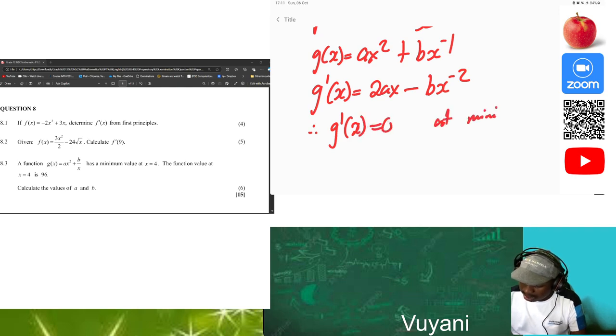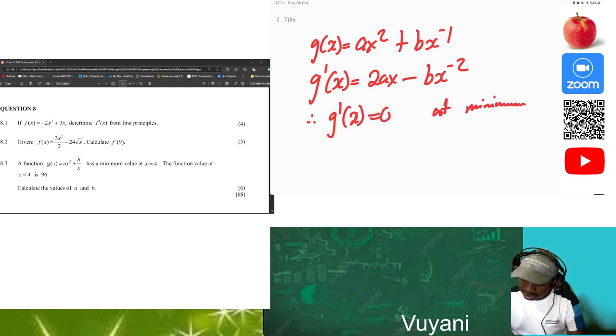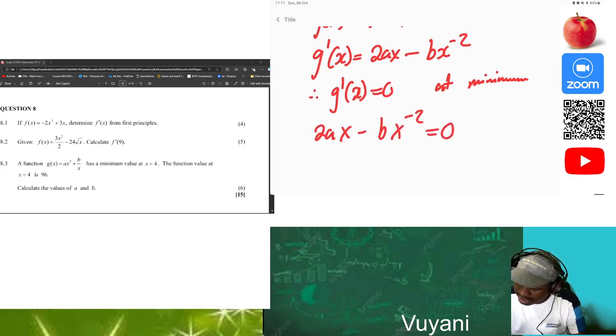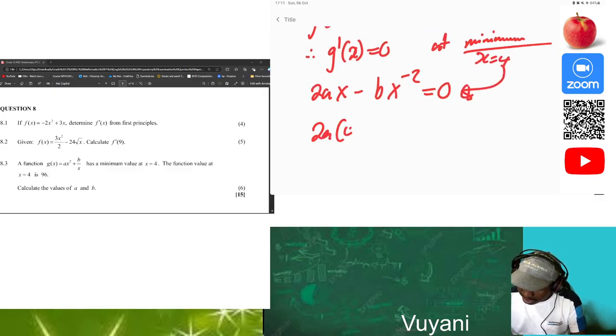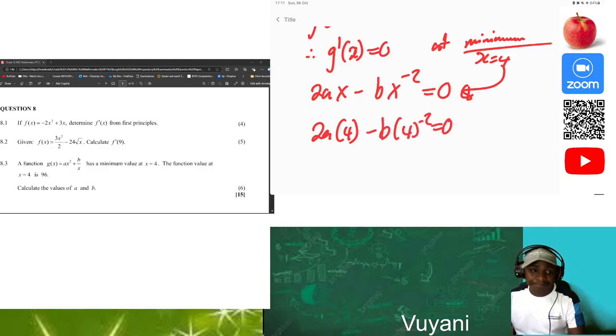We know that. And of course that would just be 2ax minus bx to the power negative 2 is equal to 0. And also we say that at this minimum our x is equal to 4. So now we substitute in this equation x is equal to 4. So that will be 2a times 4 minus b times 4 to the power negative 2 equal to 0.